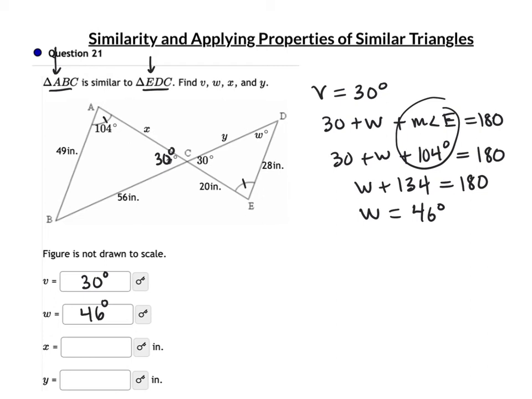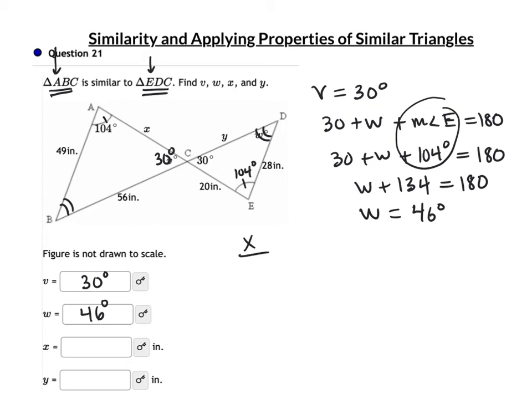The way you tell which sides correspond is, of course, you can look at the similarity statement, but if you've marked your angles, you can tell that way too. I marked the 2 as 30. I know that angle B is congruent to angle D. Now, between the 104 and the 30 is the X, and between the same two angles in the other triangle would be the corresponding side. And this was the 104 here. They're even marked congruent.